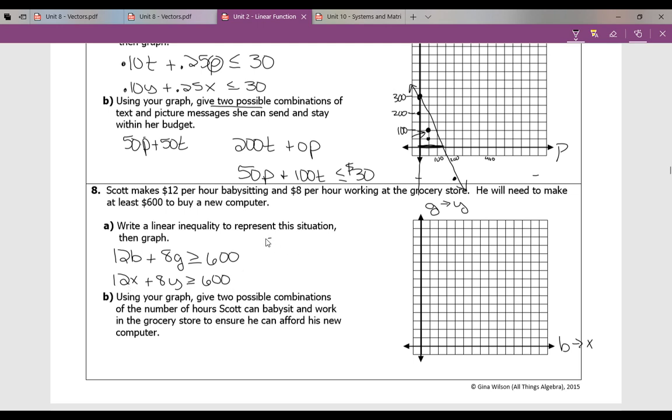Solve that, so that would be 8Y greater than or equal to negative 12X plus 600. Divide by a positive, nothing changes. So what I need to graph is negative 3 over 2x. Both 12 and 8 are reducible by 4. And 600 divided by 8 is 75.